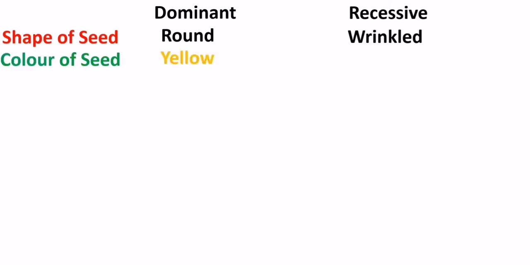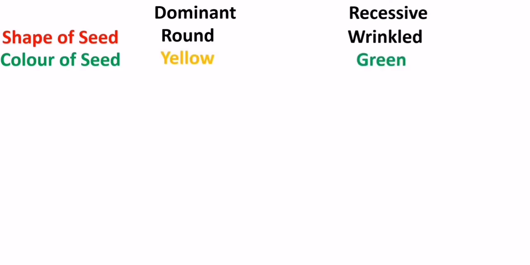Here one is a dominant character, another is a recessive character. Here we are considering two characters. The first is shape of seed: round shape is dominant over wrinkled. This is one character. Second is color of seed: yellow color seed is dominant over green color seed.